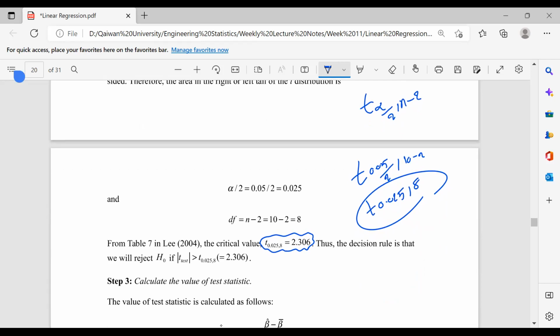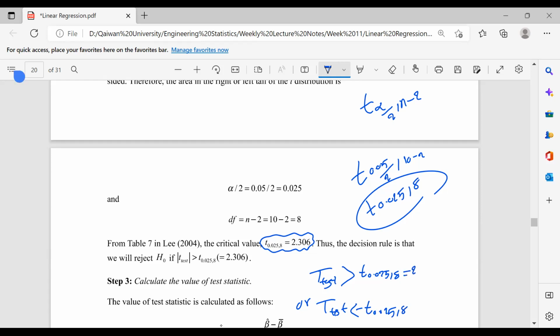Now, we need to have the interval. We say if the t-test statistic is greater than t of 0.025 and 8, or the t-test is less than minus t of 0.025 and 8, what's this?